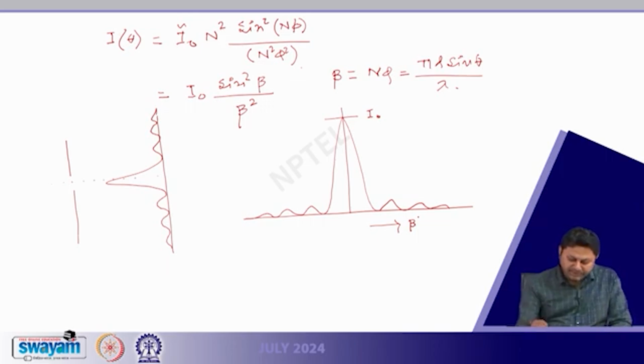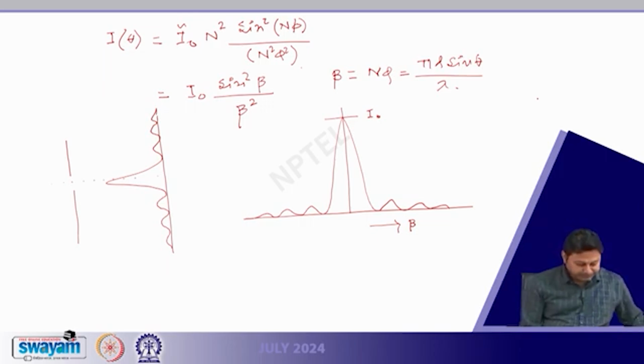Here you can see that the intensity is I 0, and when d is very greater than lambda, that means when beta is a relatively high value, then with a slight change of theta there is a very large drop of this amplitude peak. We are going to discuss more about this structure now.